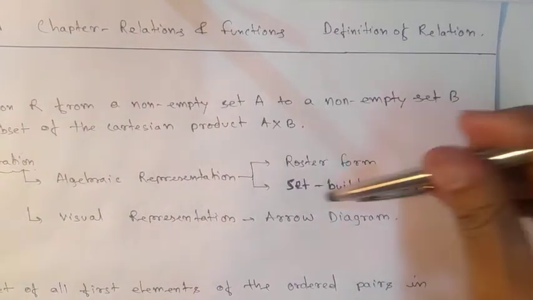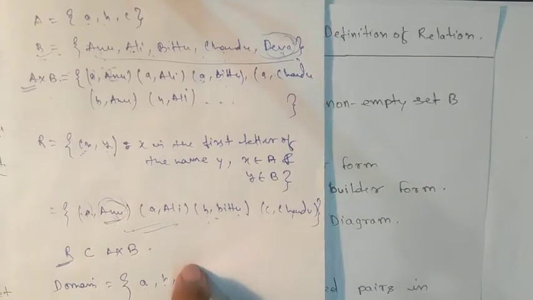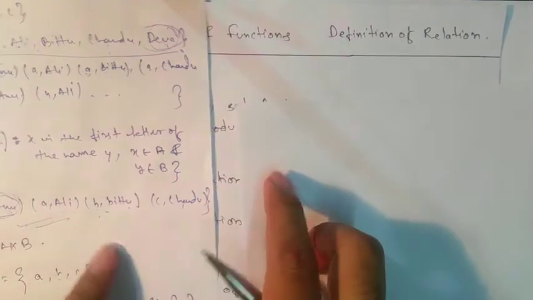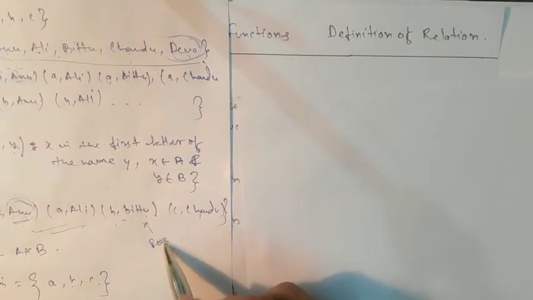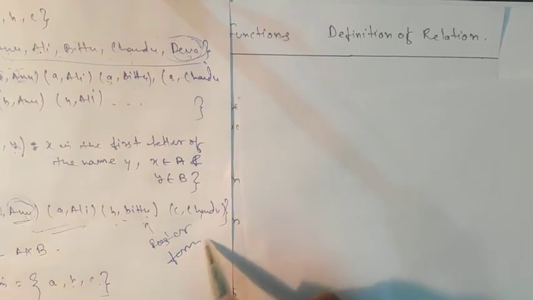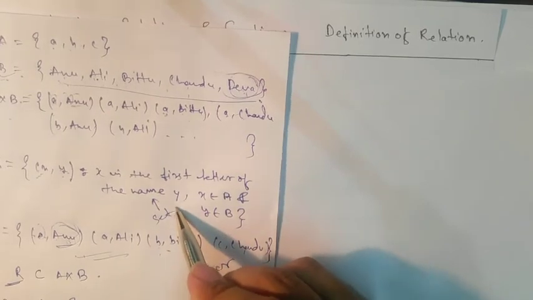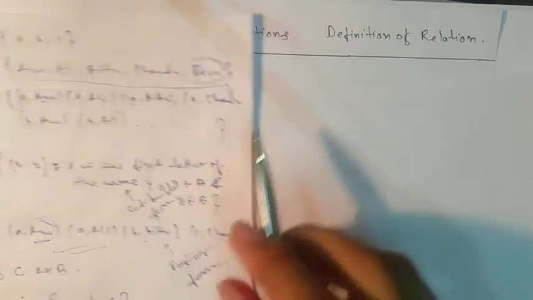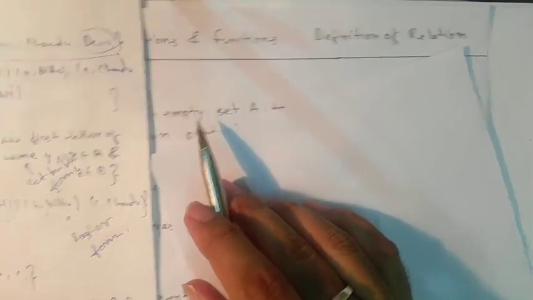So here now our target is the arrow diagram. How are we going to represent this in an arrow diagram? This is your roster form, which we already have here, and this one is the set builder form. Now we're going to see the visual representation, that is the arrow diagram.